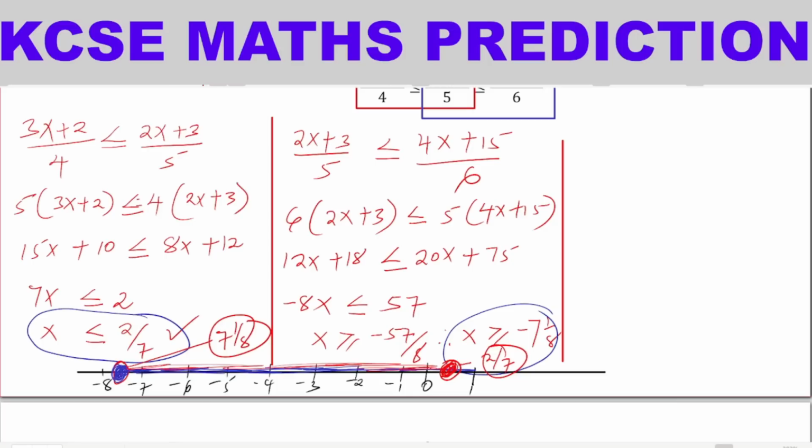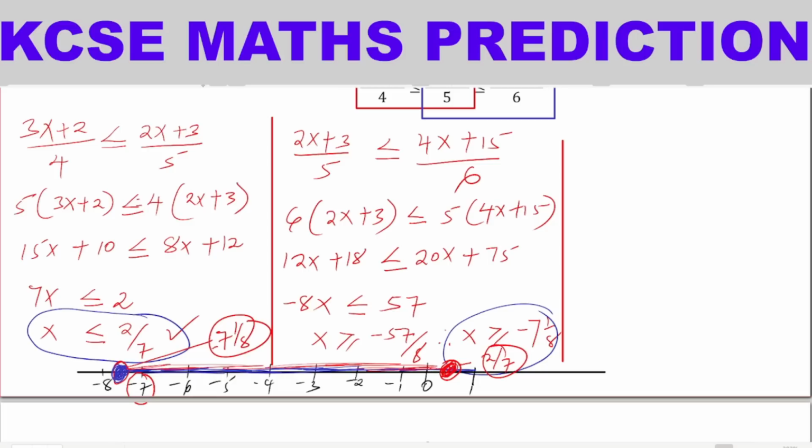So now look at the 2 points, all these values that are at the center here, between negative 7 and 1 over 8 and 2 over 7. Remember, the integral values, we are supposed to consider only the whole numbers, no decimals, no fractions. So the first one, we begin from negative 7.